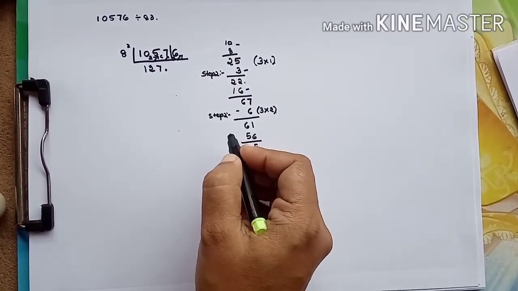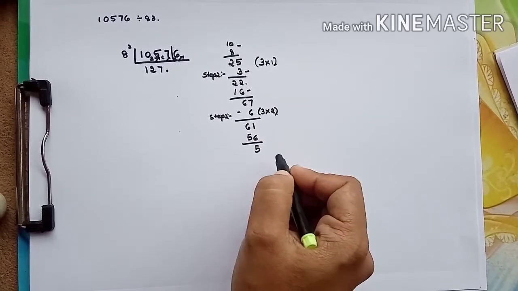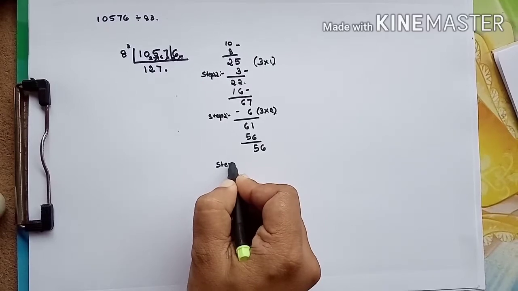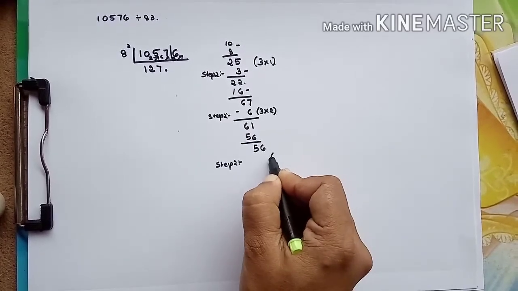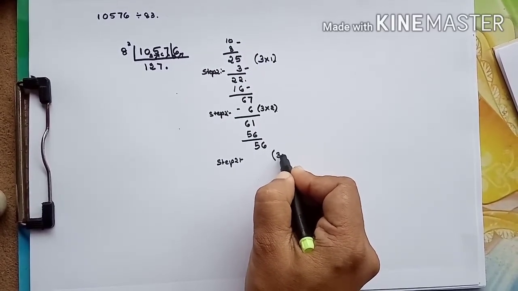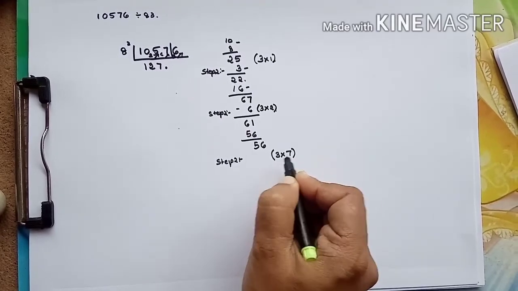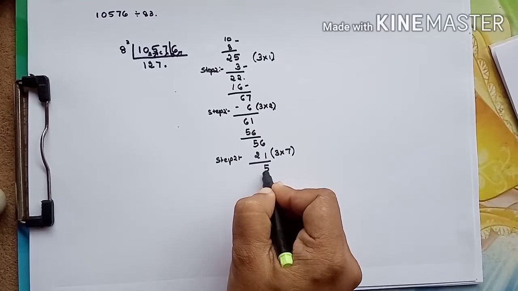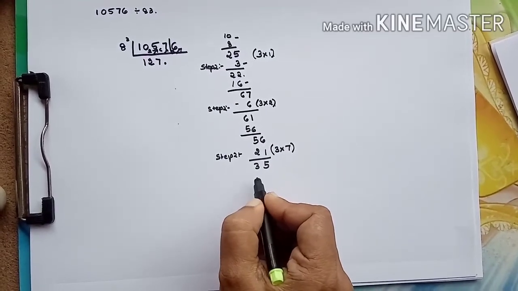Now 56, you have to write the 6 over here. Then use step 2 again. Now tell me the step 2, what is it? 3 into 7, correct? 3 into 7, it's 21. 56 minus 21 is 35.